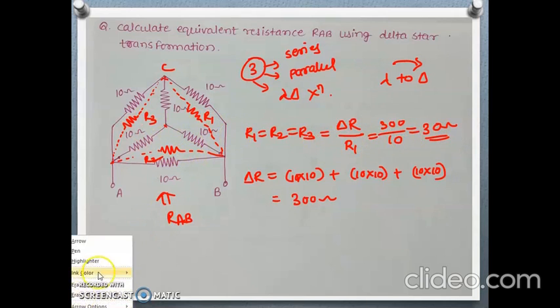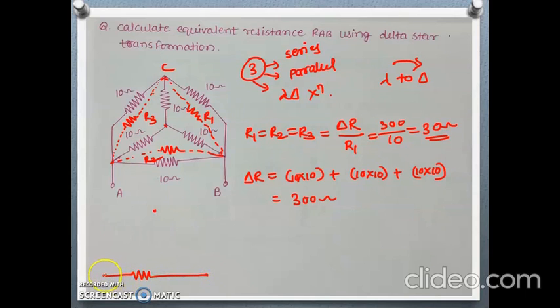Let's redraw the circuit. These are A and B points. This is the outer 10 ohm, this is also 10 ohm, this is 10 ohm.